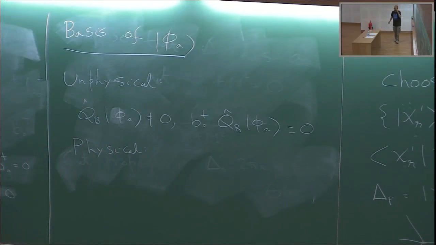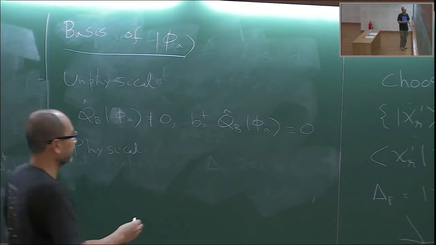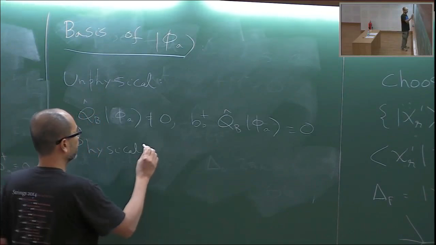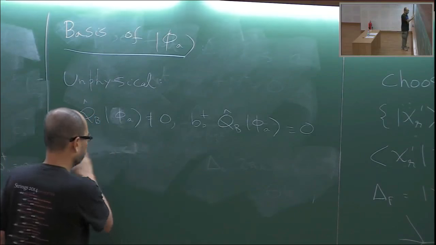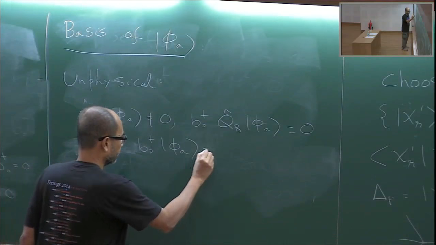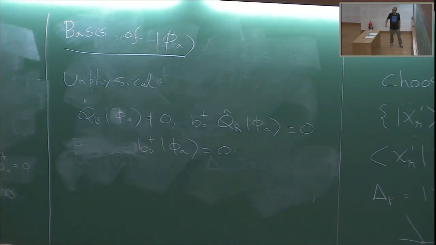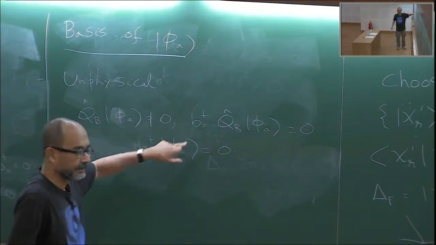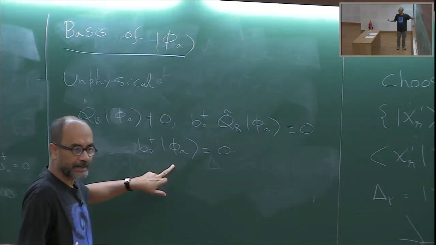H hat T is annihilated by B naught minus, right? Yes, so B naught minus annihilates it, but this is an extra condition. So let me write that: B naught plus phi A should also be 0. These are automatic, these have to be the case, otherwise it's not a candidate for phi A.